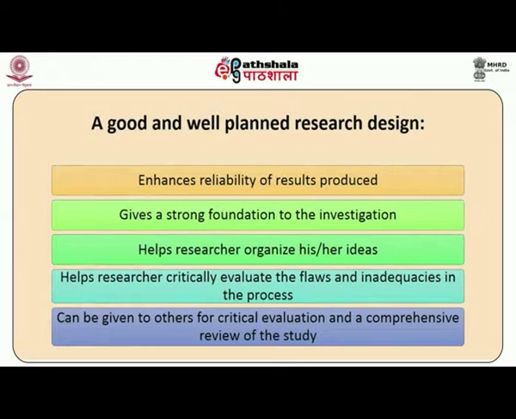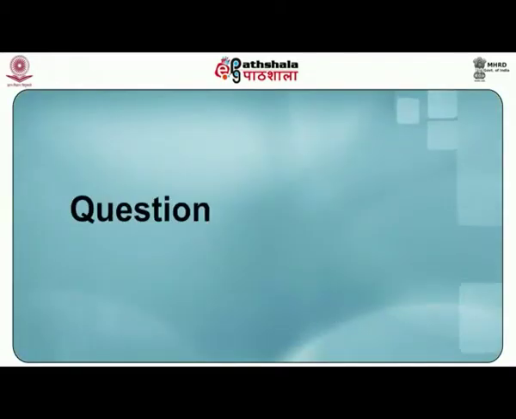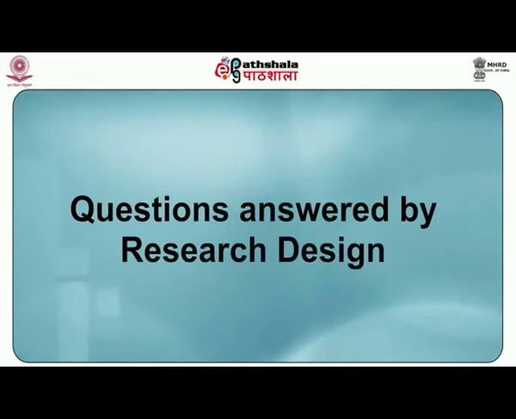It gives a strong foundation to the investigation, helps the researcher organize his or her ideas, helps the researcher critically evaluate the flaws and inadequacies in the process, and can be given to others for critical evaluation and a comprehensive review of the study. Questions answered by the research design.